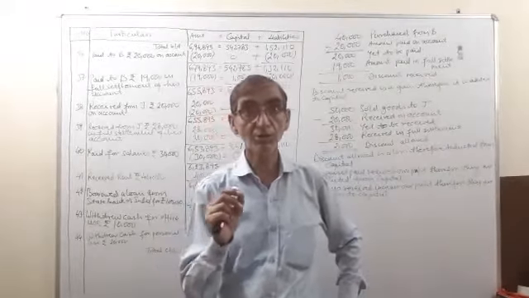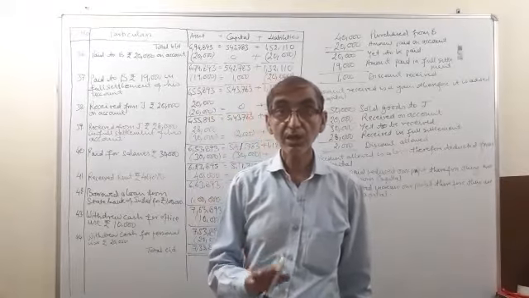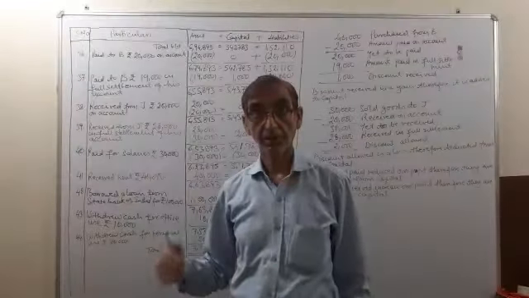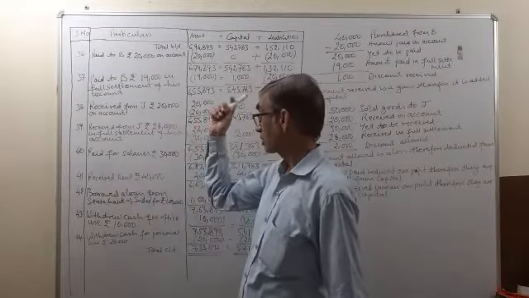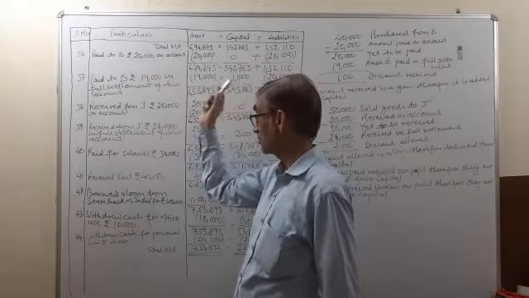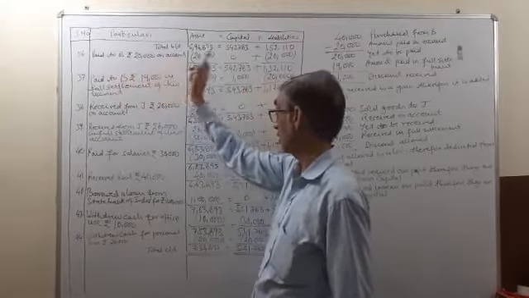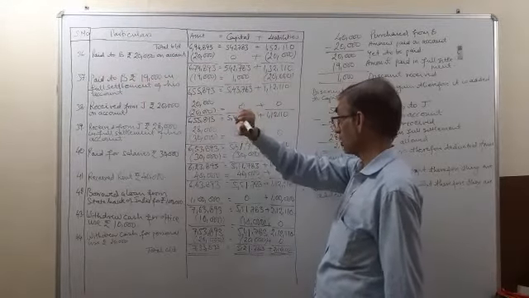Only the name of the party was given, that is B. Now we have to pay our creditor B. So B was our creditor and now we are going to pay. Pay to B rupees 20,000 on account.